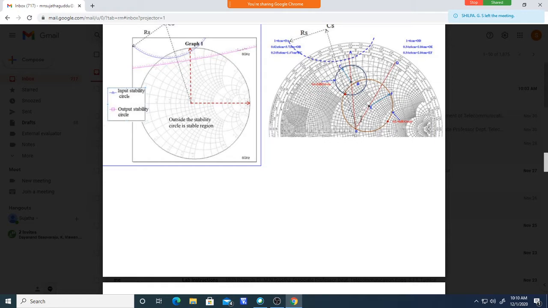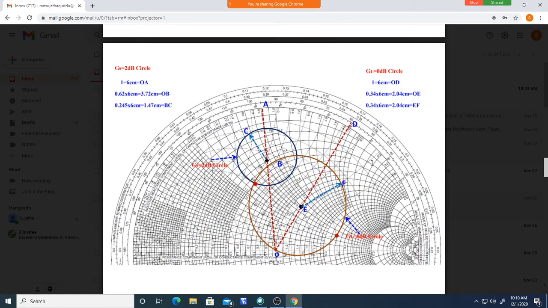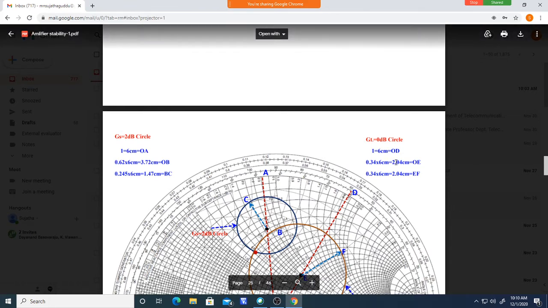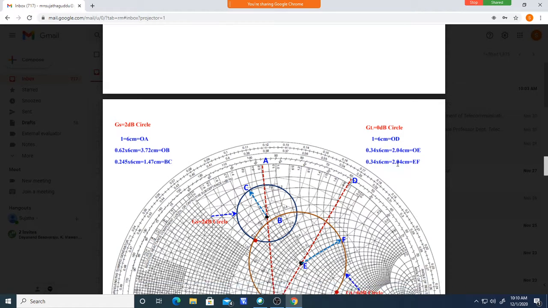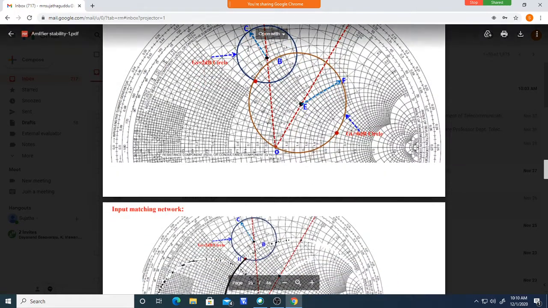In the previous class we discussed one problem and designed a gain amplifier. Under that, we checked the unilateral figure of merit, drew the input and output stability circles, and also drew the gain circles, a 2 dB input circle and a 0 dB output circle.